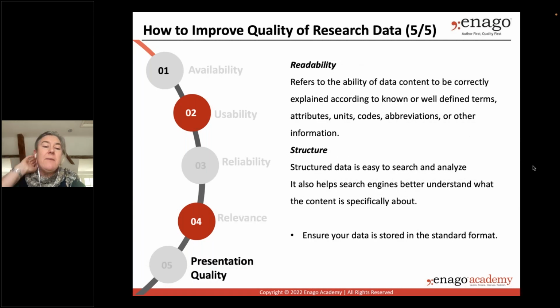And then finally, thinking about the presentation quality, readability. That's around making it displayed in a way that people are going to be able to easily soak up the information and what it means.